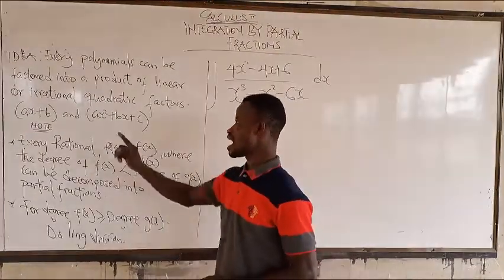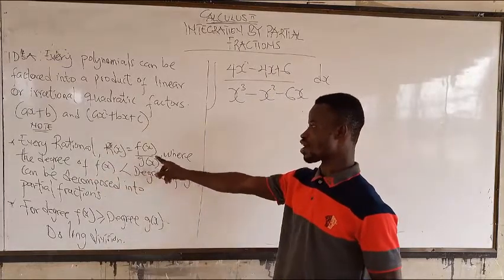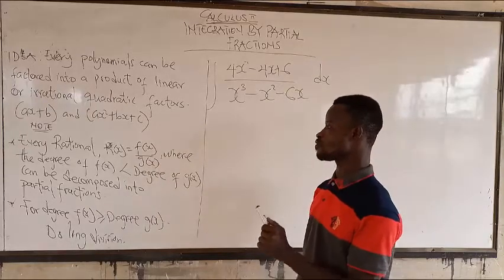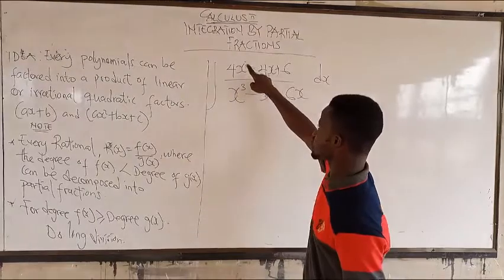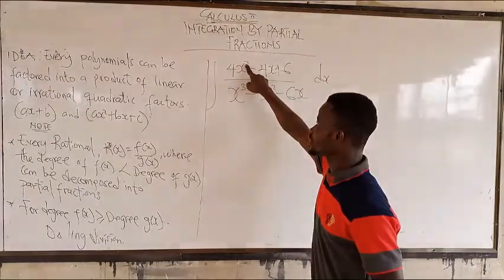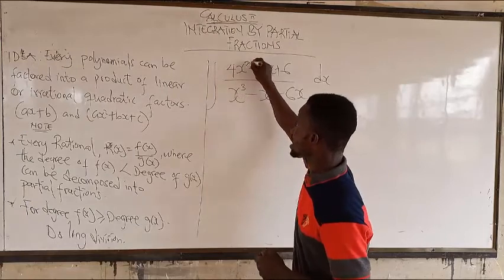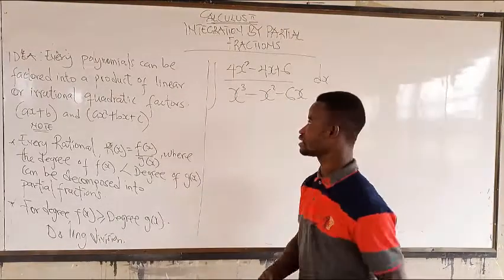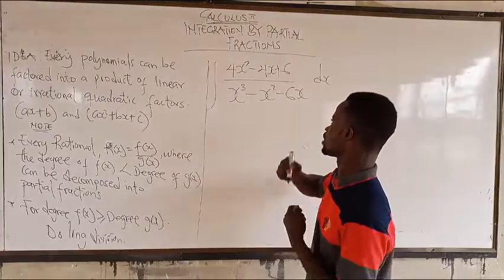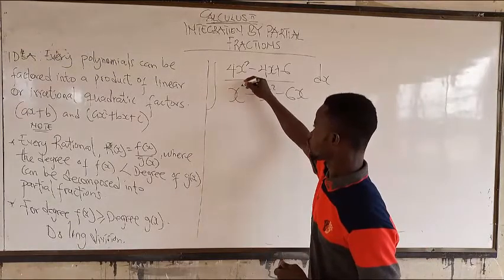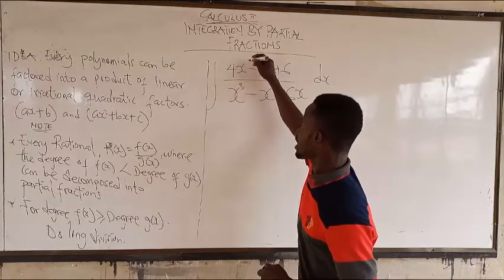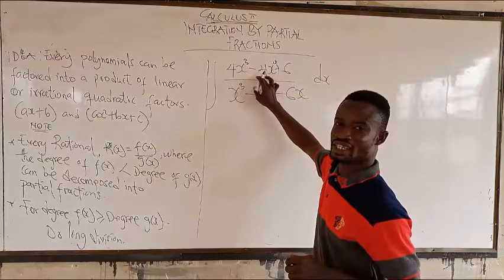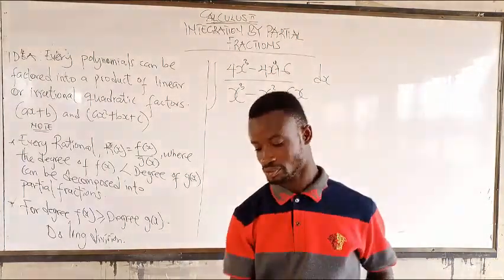The first one is every rational function, that is r of s equal to f of s over g of s, where the degree of f of s, for instance this one, the degree of the numerator here is 2. And we always base on the higher degree, alright? Very good. So even if we have here 3, we have here 4, we consider that the degree of the numerator here is 4. Very good.